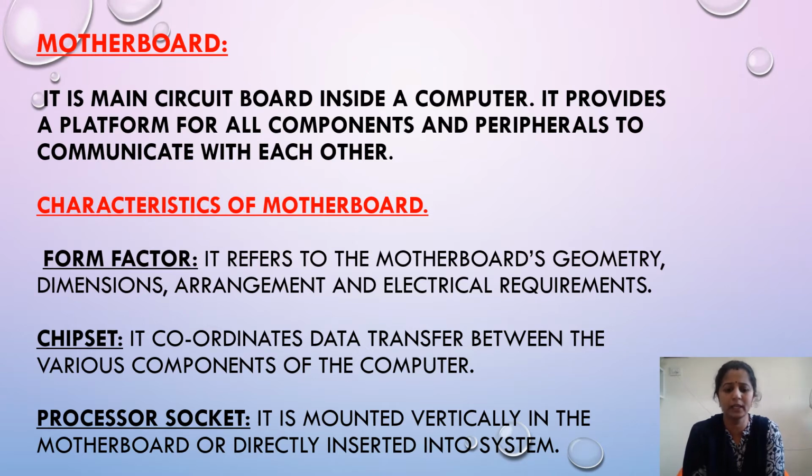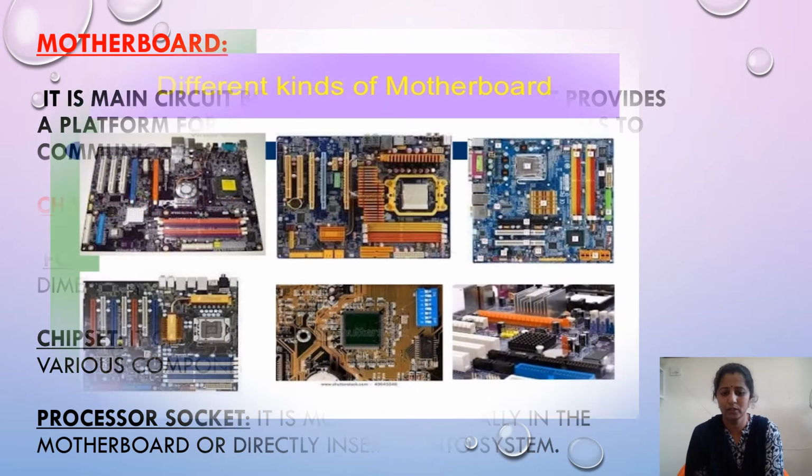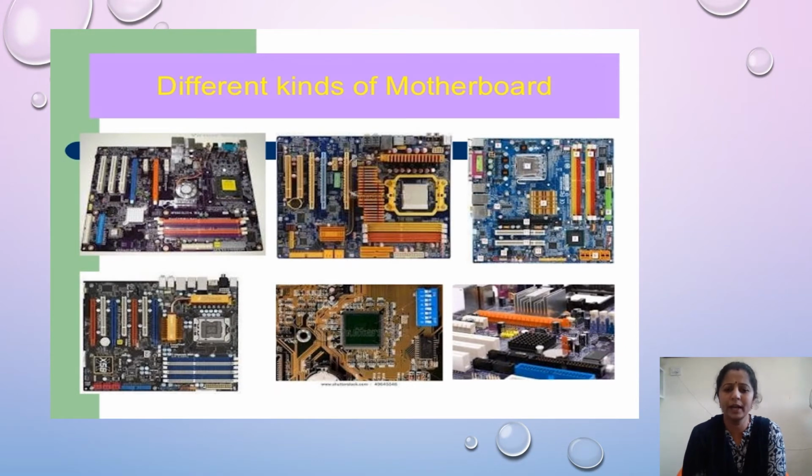The microprocessor is vertically mounted in your computer, so it is directly inserted into your system. These are the different kinds of motherboard. You can observe here they have different dimensions. Few have fewer ports, few have more ports.